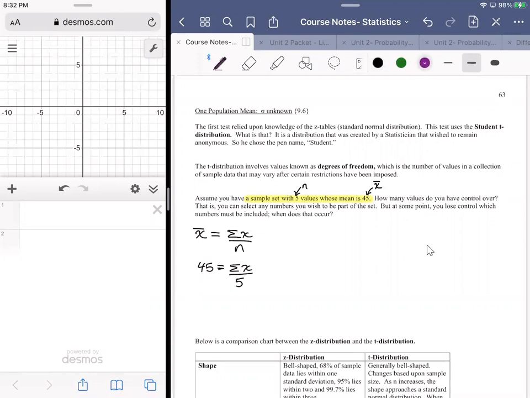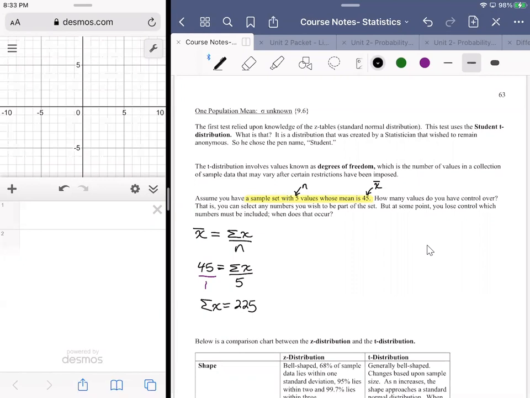Now, when I cross multiply to solve for the sum of X, I get 225. That's just computational justification for saying that when you added up all the numbers before you divided by 5, the sum was 225. So you had a data set containing 5 values.